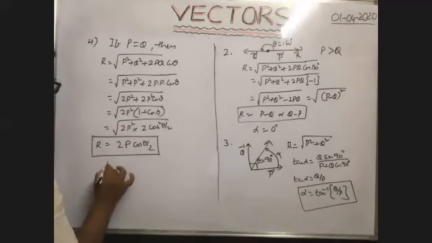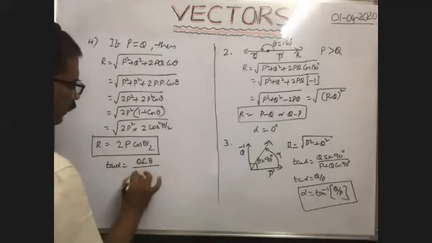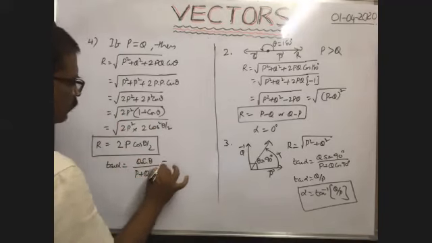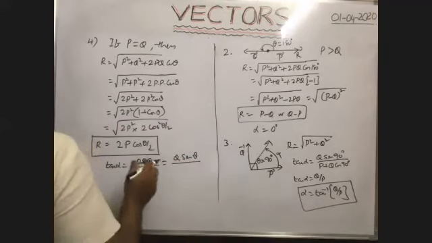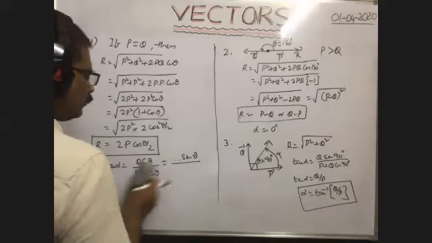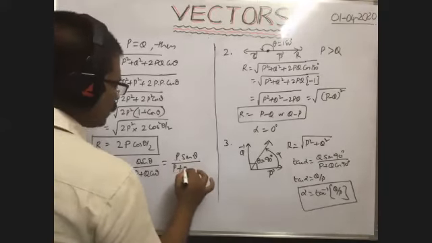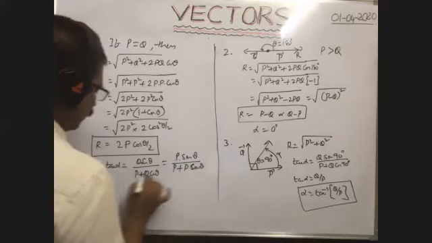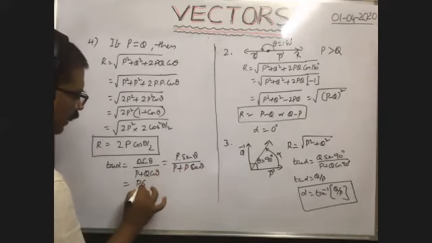And what is the direction of the resultant in this case? Tan alpha is equal to Q sin theta by P plus Q cos theta. As P and Q are both equal, instead of Q you write P only, so it is P sin theta by P plus P cos theta.